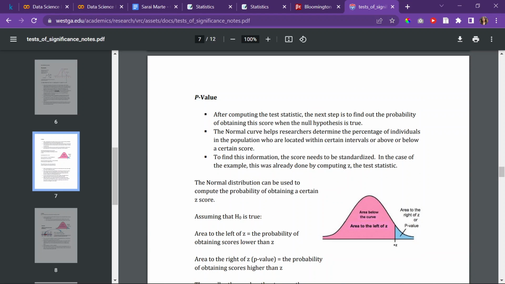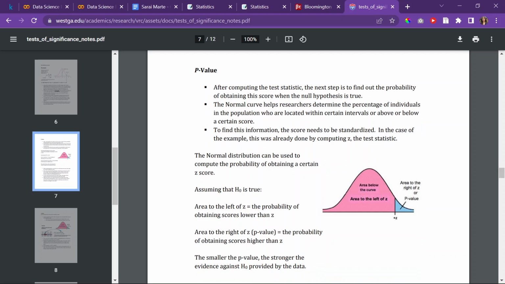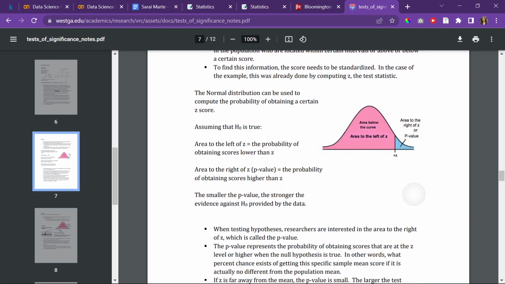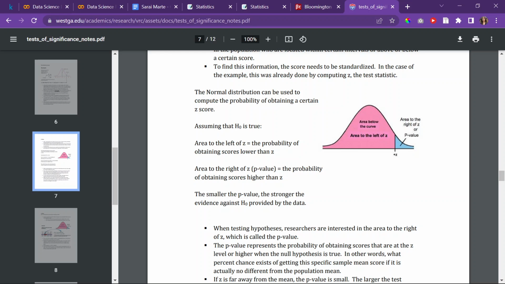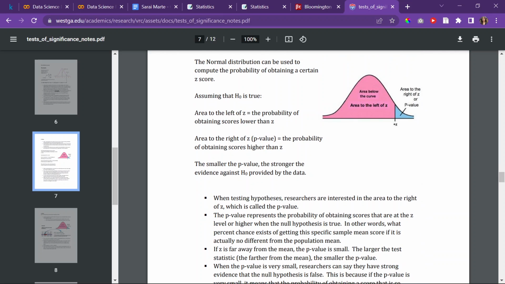Like, the probability of obtaining this score when the null hypothesis is true. So in our case, when the mu difference is equal to 0, meaning that there is no difference, huh? That doesn't make sense. What is the probability that we get that t-stat? Interesting. Area to the right of z, or in this case t. Area below the curve, area left. The probability of obtaining scores.